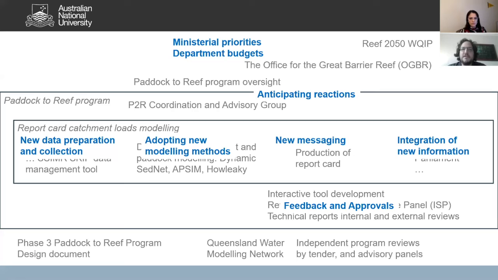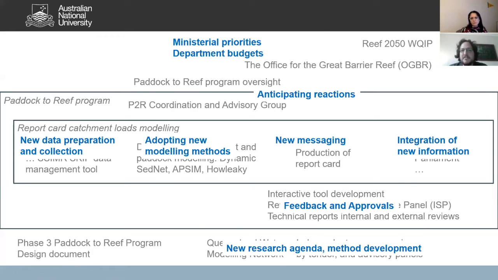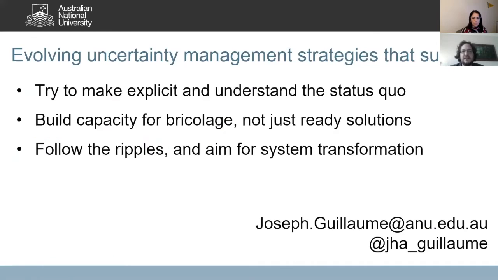It needs to fit with ministerial priorities and department budgets, both in order to allow it to happen and to make sure that there's not a negative feedback within there. It's going to have implications for new research agenda and method development of the broader community. And we've got to think about, well, how does this then fit into the next phase of this project? So that gives you a feeling for the kind of ripples that I'm talking about there.